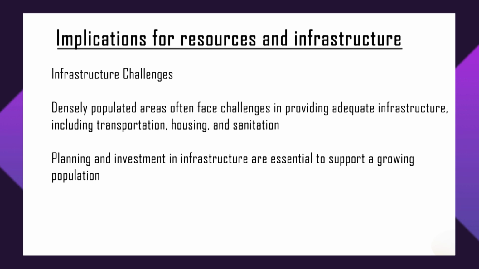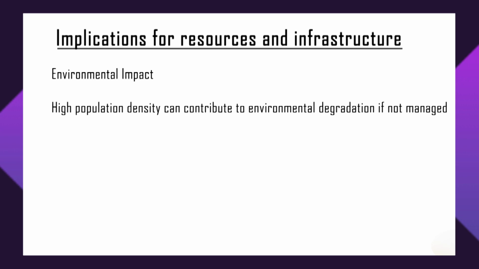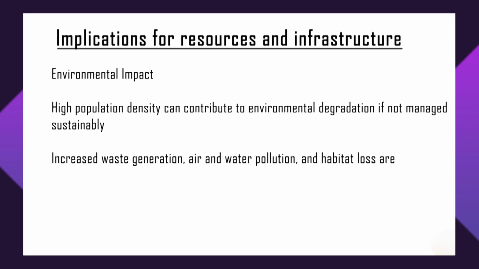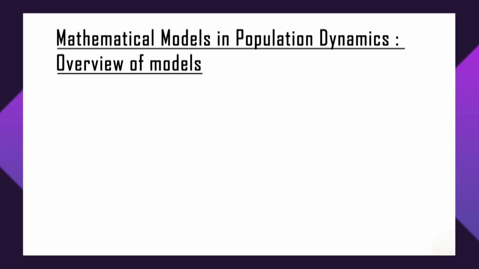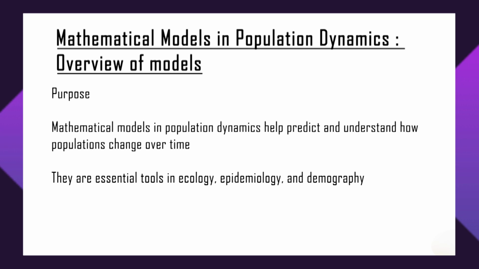Now let's talk about the environmental impact. High population density can contribute to environmental degradation if not managed sustainably. It often leads to increased waste generation, air and water pollution, and habitat loss are potential concerns.